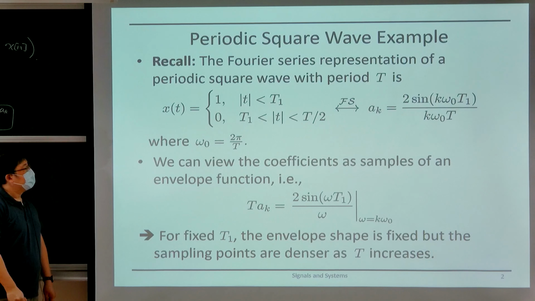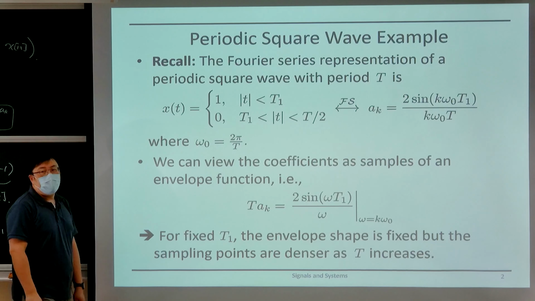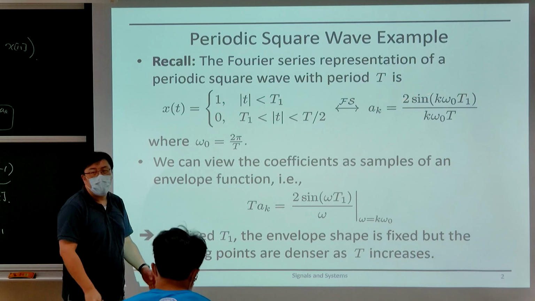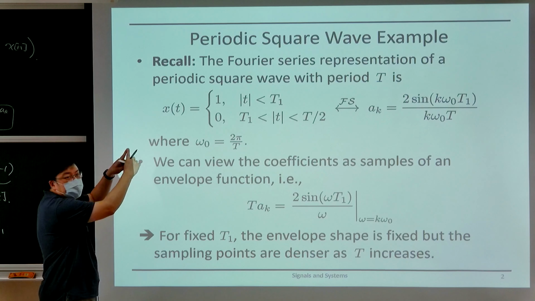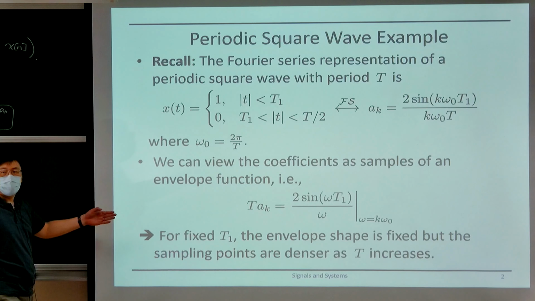Since this square wave has period capital T, omega naught is 2 pi over capital T, and the corresponding Fourier series coefficient a_k is 2 sine(k omega naught t1) over k omega naught capital T. And if you recall, this can be viewed as samples of what we call a sinc function, a function that peaks at the origin and then ripples away as the frequency increases.